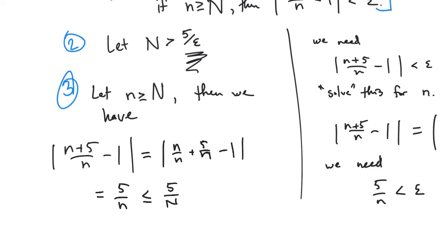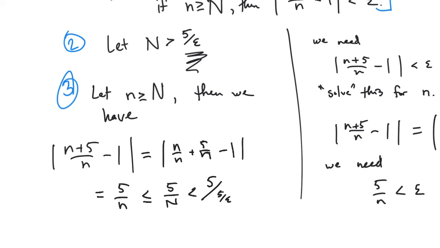Any idea what I'm going to do next? Also similar to the previous example. Yeah, less than 5 over epsilon? I think 5 over epsilon. Yeah, because of the 5 in the numerator there.